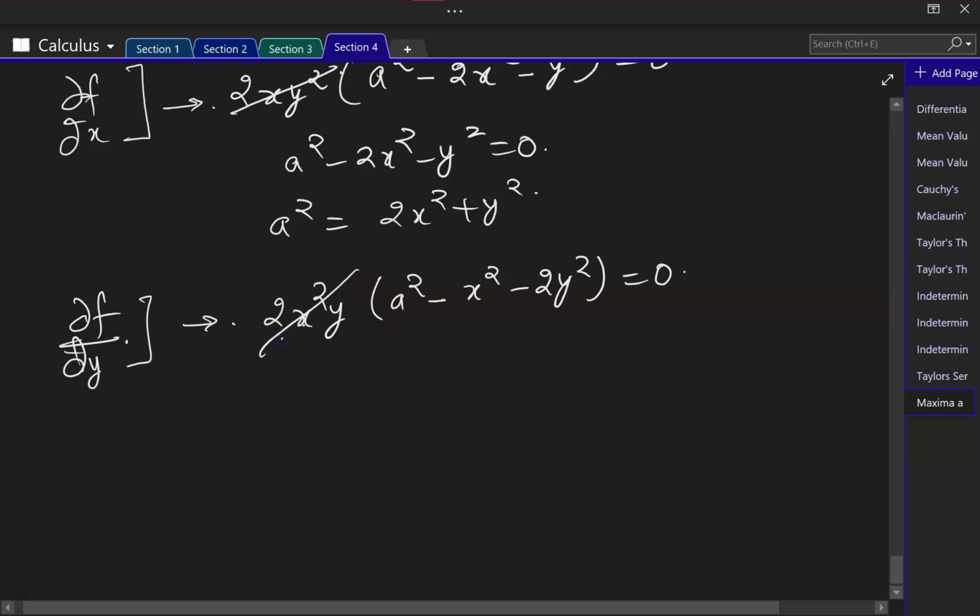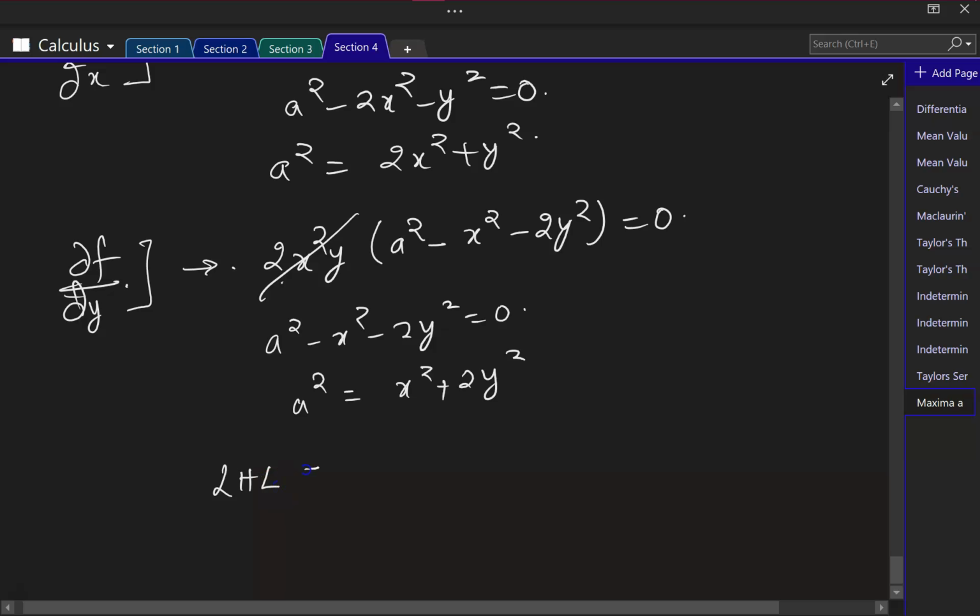Now this disappears when we take it to the other side. A square minus x square minus 2y square equal to 0, or a square is equal to x square plus 2y square. Now LHS is equal, so therefore 2x square plus y square is equal to x square plus 2y square.